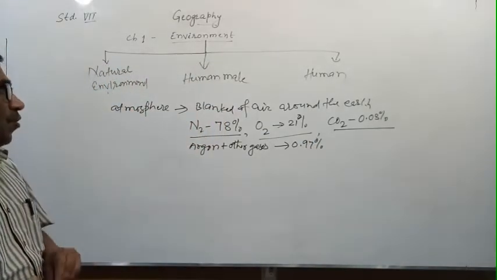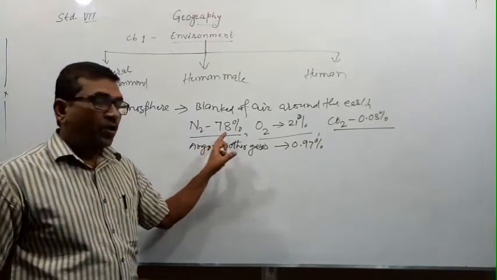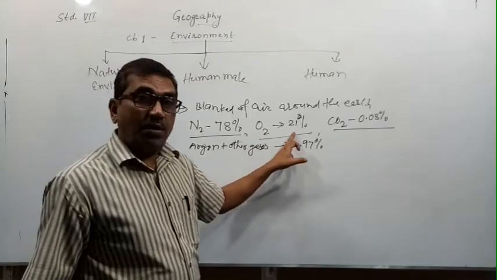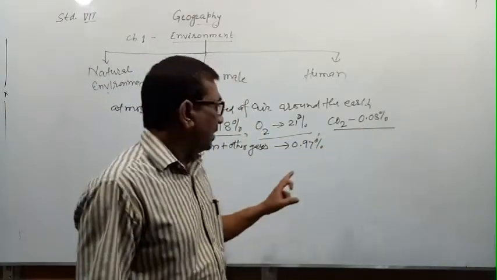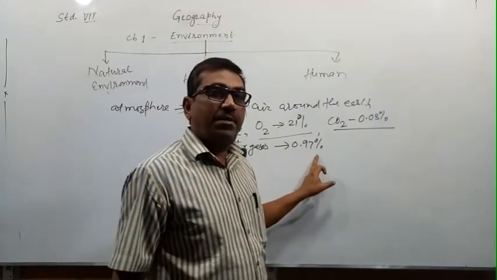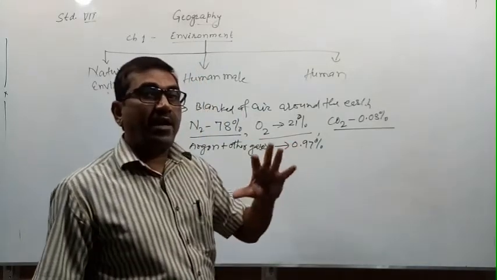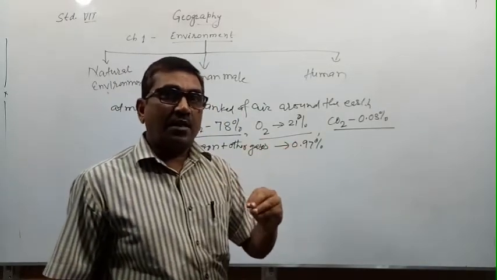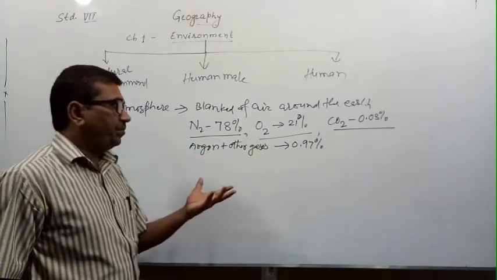These are the components of atmosphere. Nitrogen 78%, oxygen 21%, carbon dioxide 0.03%, argon and other gases 0.97%. We will discuss how these gases are very important for us, how they affect us, or their role.